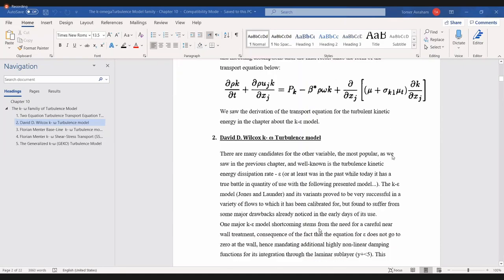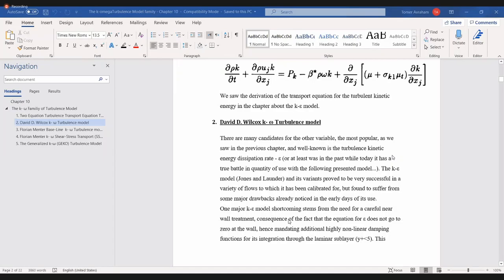It was said to have a little bit fewer problems with the adverse pressure gradient, but I'm not sure this is correct. And in the end, it had a different problem near the boundary layer edge.